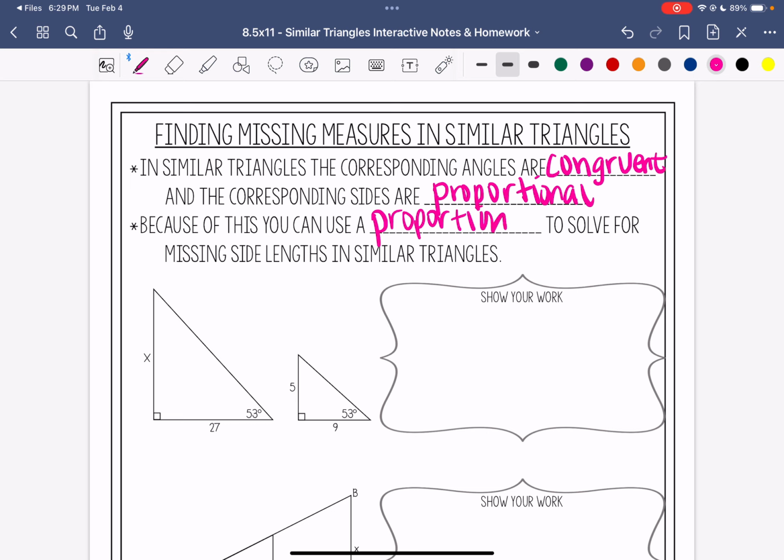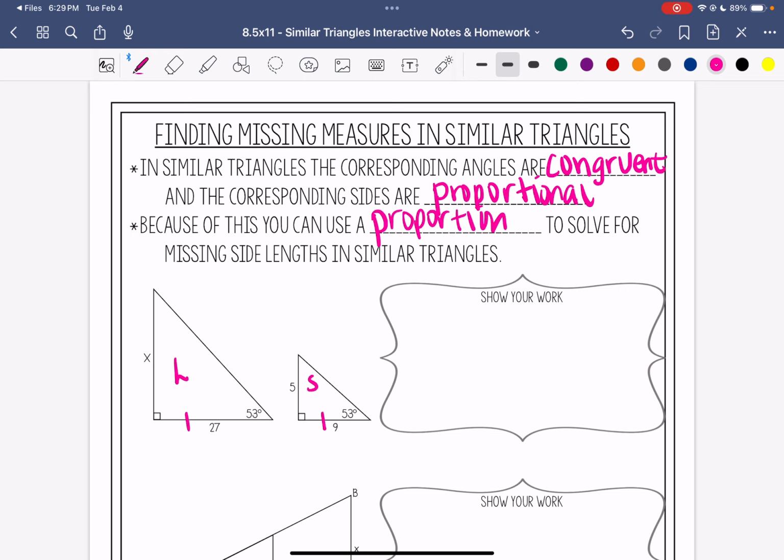All right, so let's talk about corresponding. So the bottom of the large triangle is 27. The bottom of the small triangle, the dimensions, is 9. This bottom on the large triangle corresponds to the bottom on the small triangle.